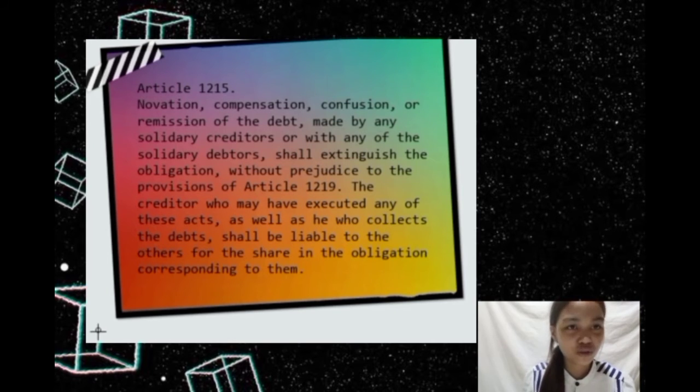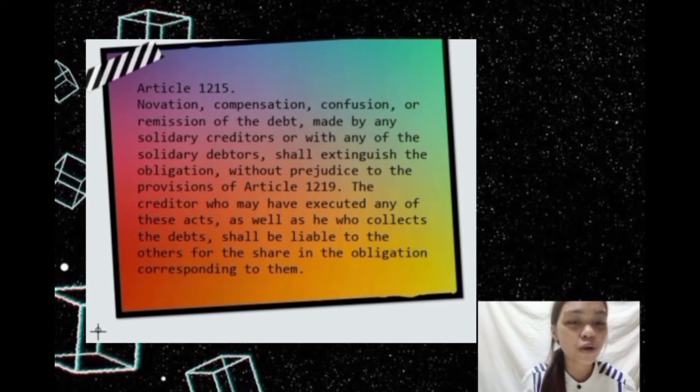So, the legal term number 2 is compensation. Compensation takes place when two persons in their own right are creditors and debtors of each other. So, compensation may be total or partial.